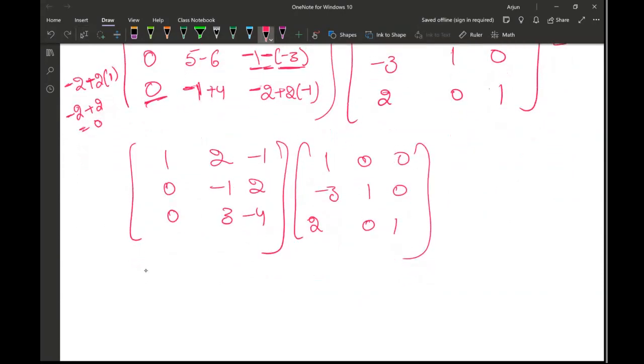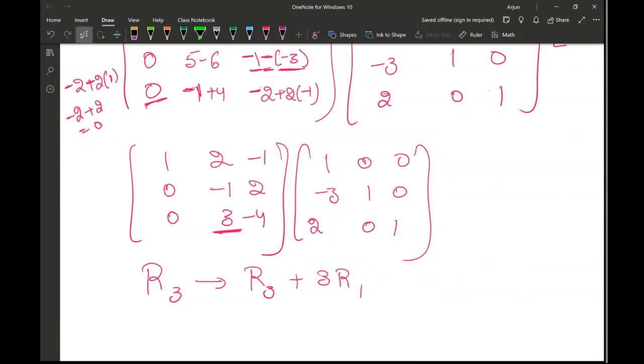All right, now the next operation I'm going to apply is on R3, that is R3 plus 3R2. The objective now is to make this one 0, because we've already made these first two 0. We're going to follow a pattern here.